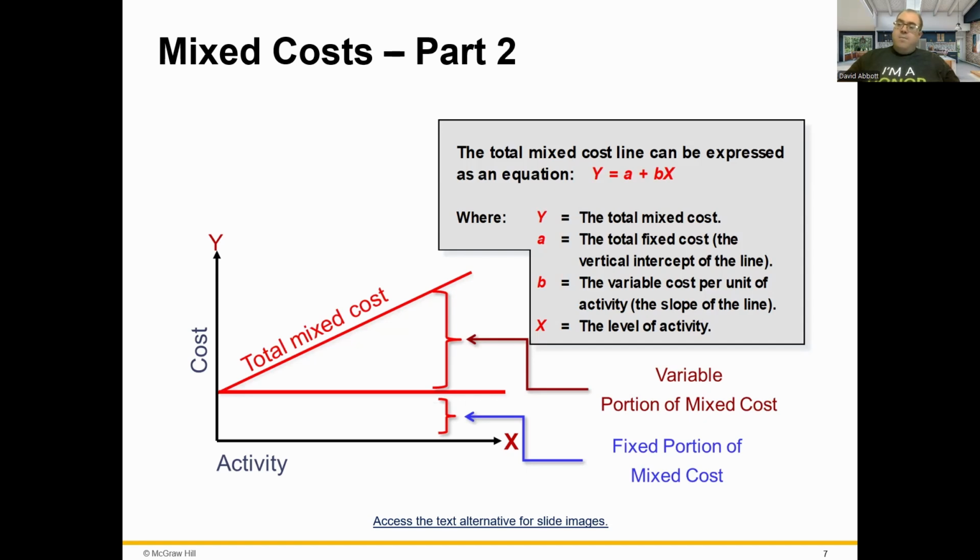Y is the total mixed cost. A is the total fixed cost. B is the variable cost per unit of activity, and X is the level of activity. Remember, when you have two variables right next to each other like that, with no symbol in between, that means to multiply. So we would multiply B, the variable cost, with the level of activity, which is X.